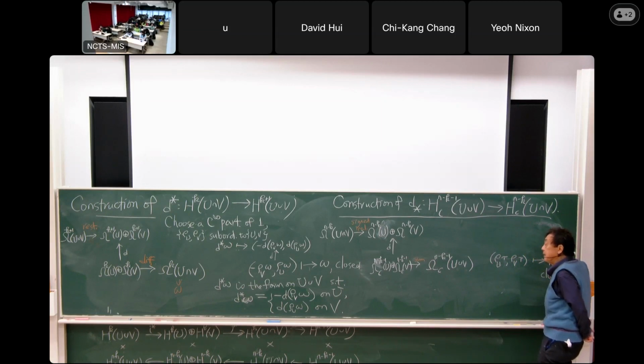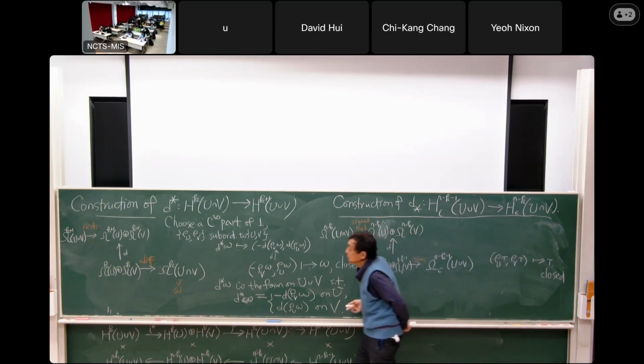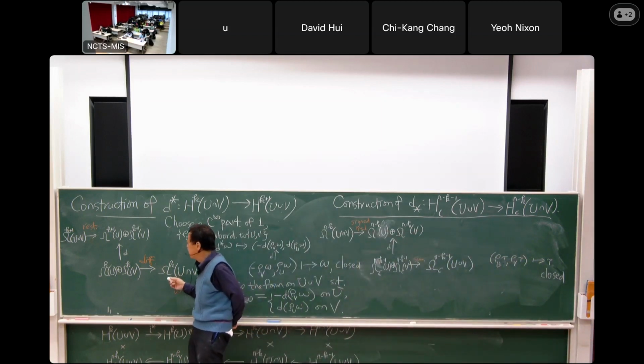Yeah, it's easier now, because over here you have to extend a function from an intersection to a larger set, and that might not be possible if your function blows up.